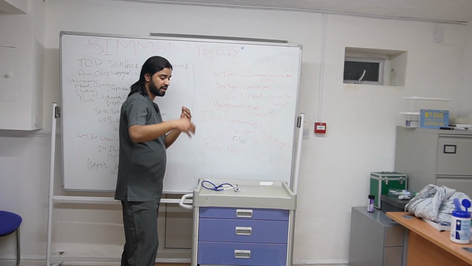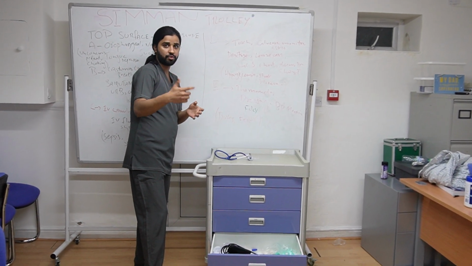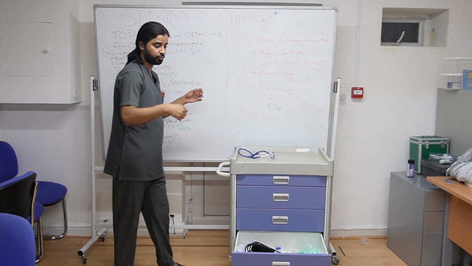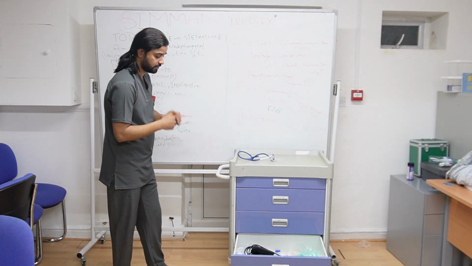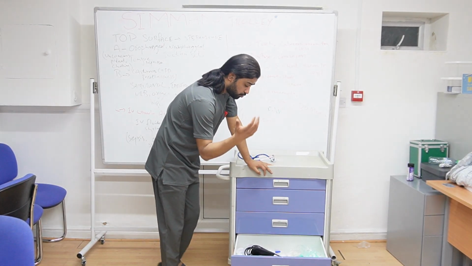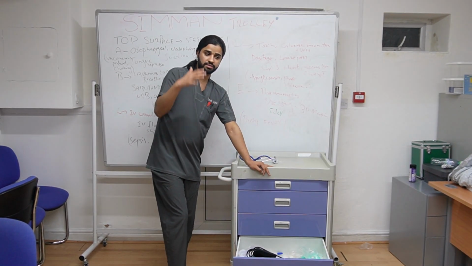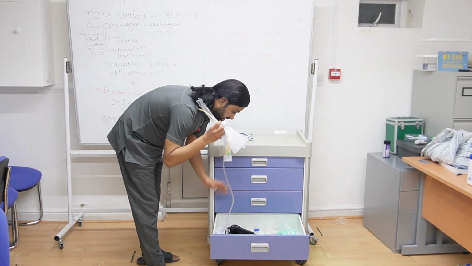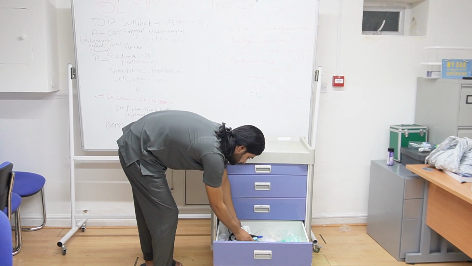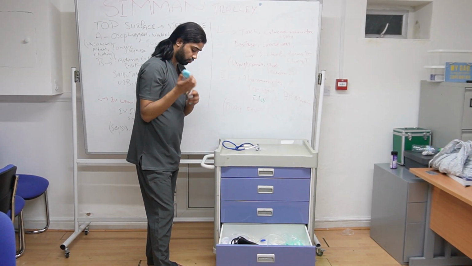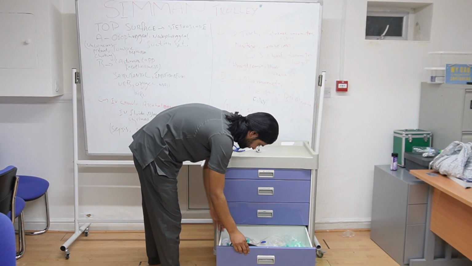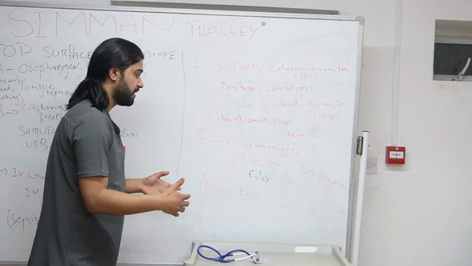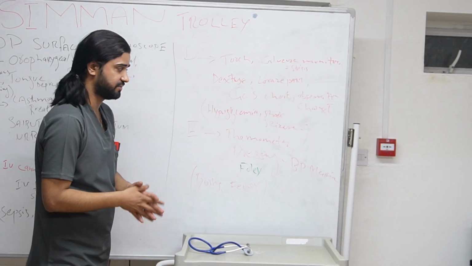In the 5th drawer you get the urine bag, because in exposure, when you are in E part, you are going to put in the Foley's and then attach the urine bag. So all these things you will find in E part. But if the trolley has 4 drawers, then you will get the Foley's catheter and the urine bag, all these things in D part, along with thermometer, glucometer, torch, everything would be in this part. Alright, and definitely you are going to find dressings in this part as well.